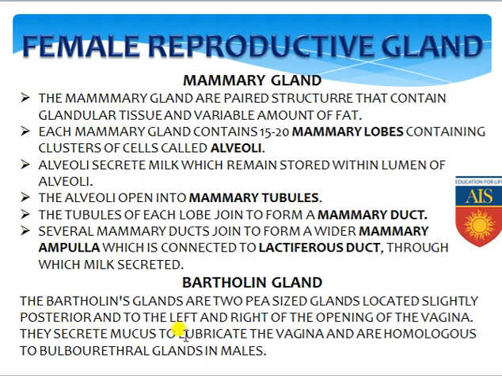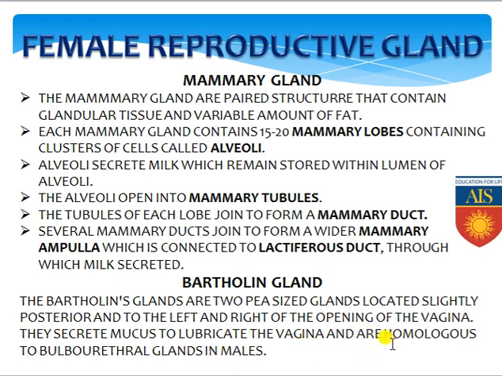The Bartholin glands are two pea-sized glands located slightly posterior and to the left and right of the opening of the vagina. Keep it in your mind, it secretes a mucus-like lubricating fluid within the vagina, and for that reason the inner wall of the vagina gets slippery.